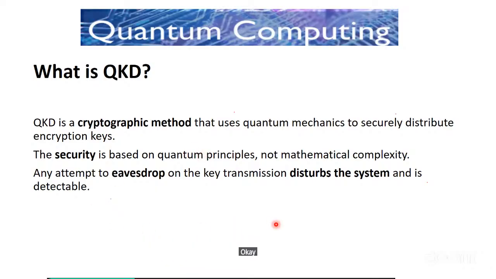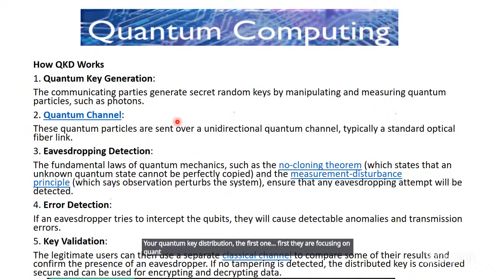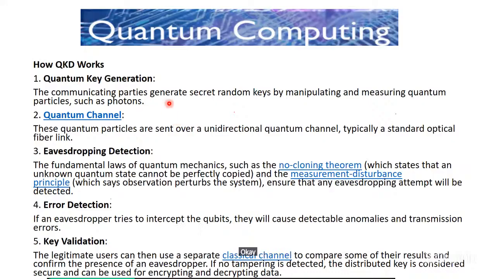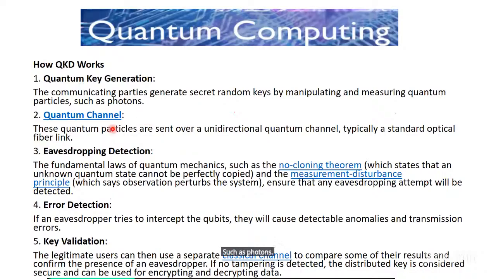Now, how is QKD, quantum key distribution, going to work? First is quantum key generation. The communicating party generates secret random keys by manipulating and measuring quantum particles such as photons. Next, in QKD we use a quantum channel; you may use optical fiber as the quantum channel for transferring your data.